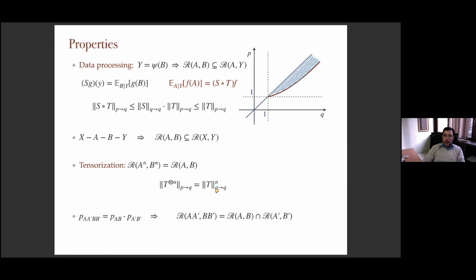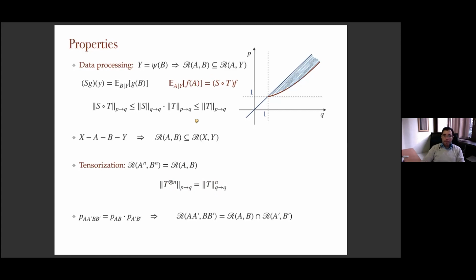It's equal to the P to Q norm of T to the power of n. So the point is that this operator norm is multiplicative. That's why the tensor product translates to a power on the other side.